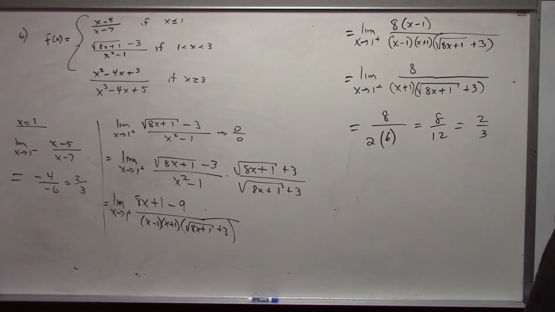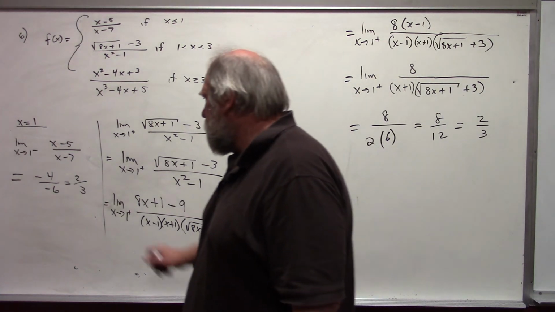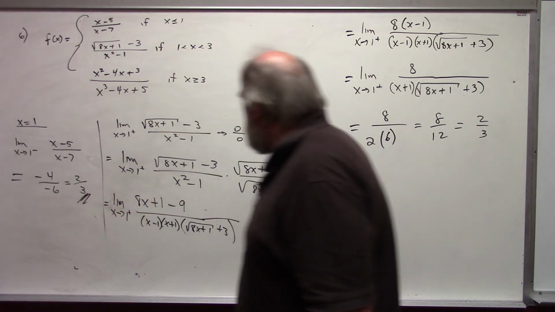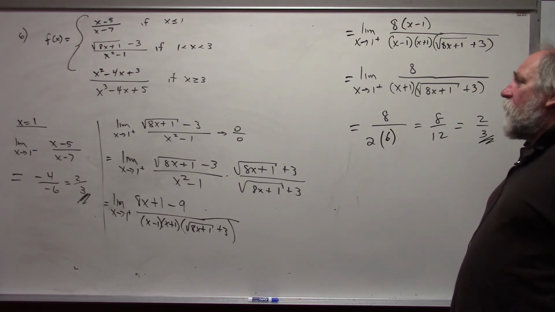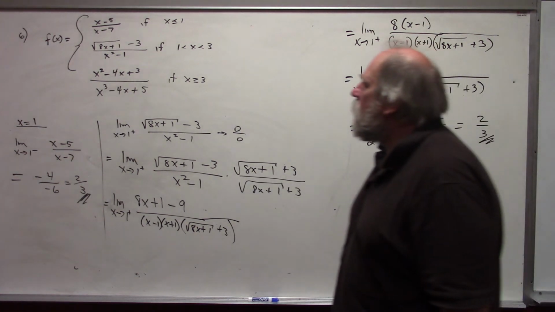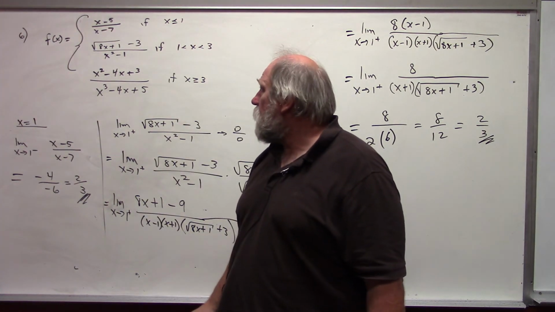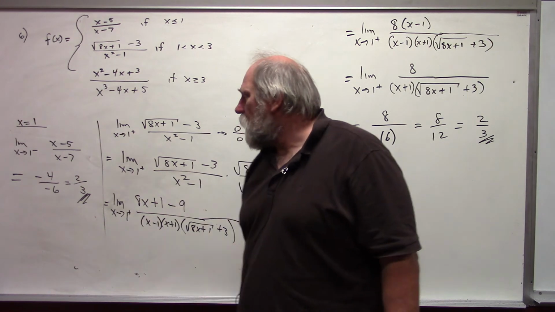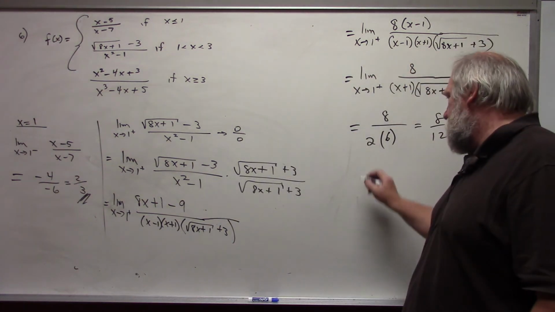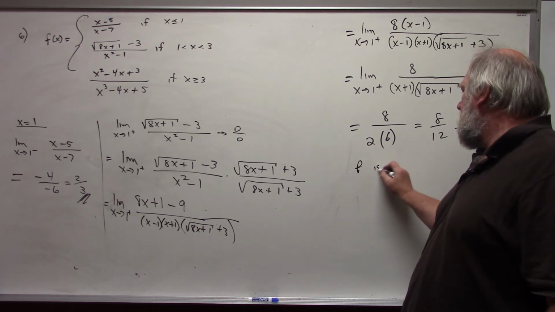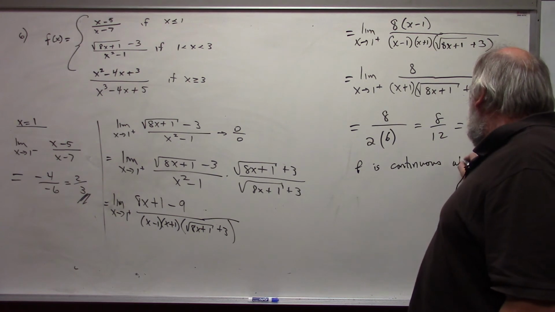So notice, the limit as x approaches 1 from the left was 2/3. The limit as x approaches 1 from the right was 2/3. The function is defined by the value that we had from when x is equal to 1. And so therefore, this function is continuous at x equal 1.